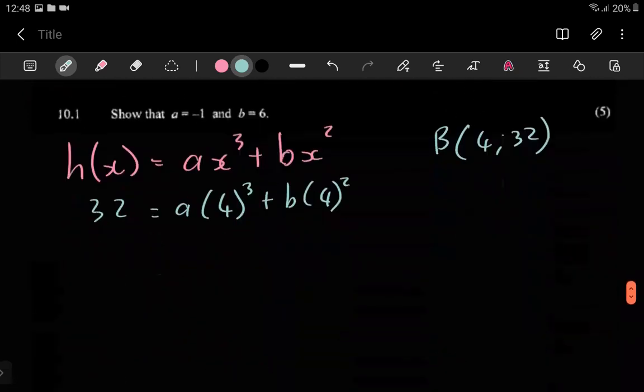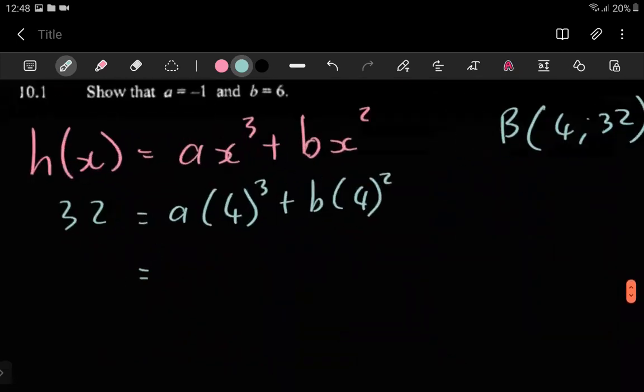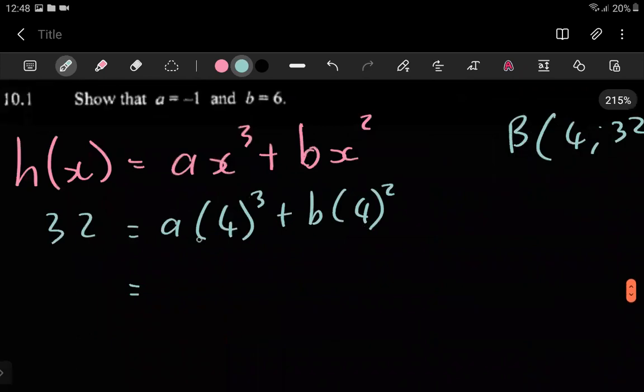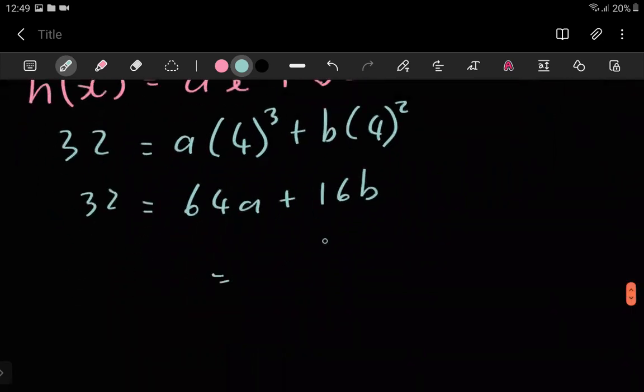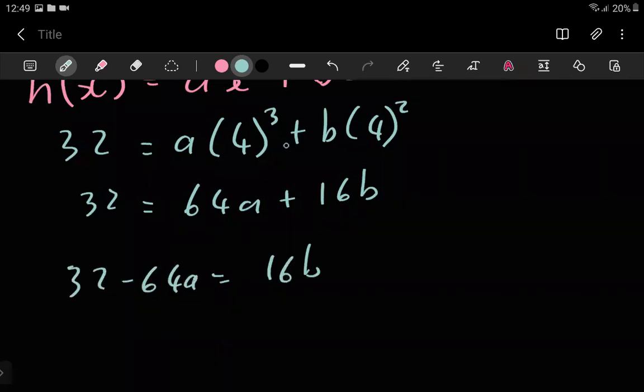It's not so bad. So what's going to happen here is you have an equation in terms of a and b. What is 4 cubed? 4 times 4 is 16. 16 times 4 is 64. So 64a plus 16b. Very good. So here we're going to have an equation in terms of a and b. Let's maybe isolate b. 32 equals 64a plus 16b, so 2 minus 64a equals 16b.